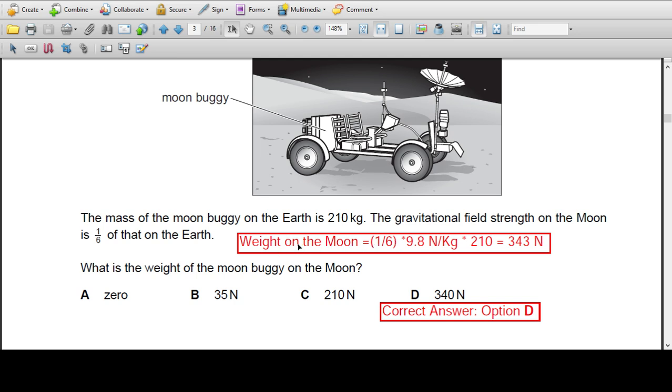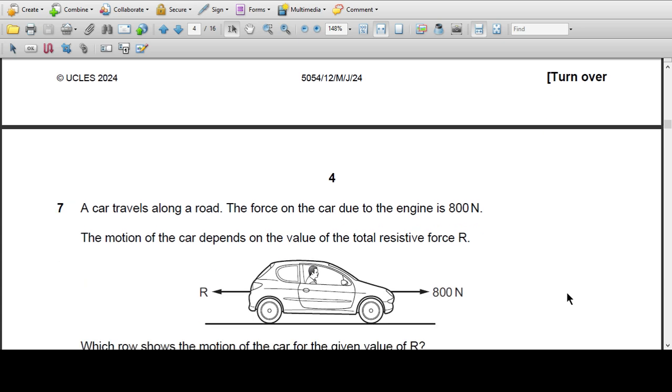The weight on the earth is just the multiplication of 9.8 and 210, which is 6 times larger than the weight given here. For the weight on the moon we use the multiplying factor, the ratio of the gravitational field strength on the earth and the moon, and obtain this option. Option D is correct.